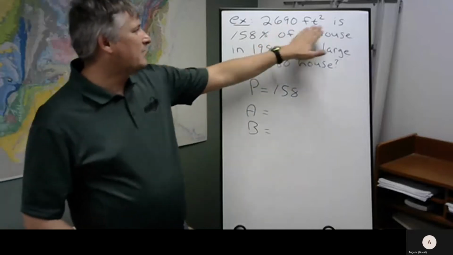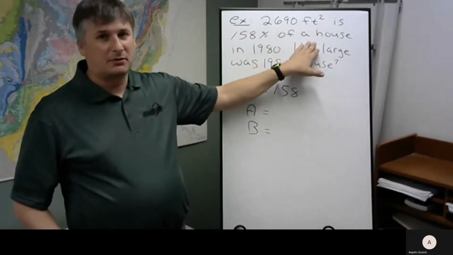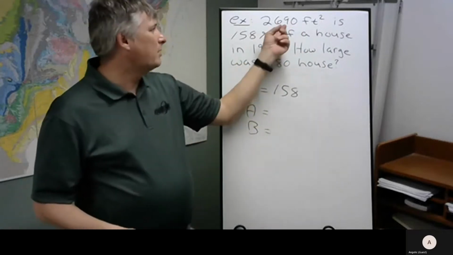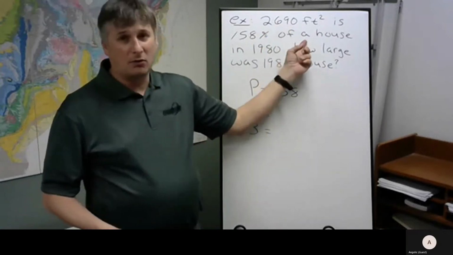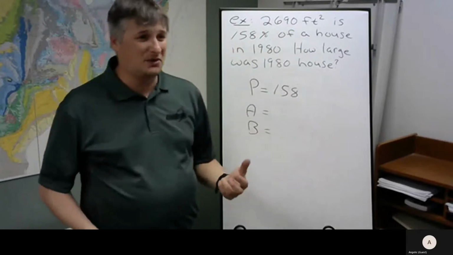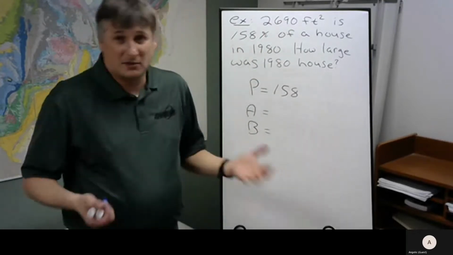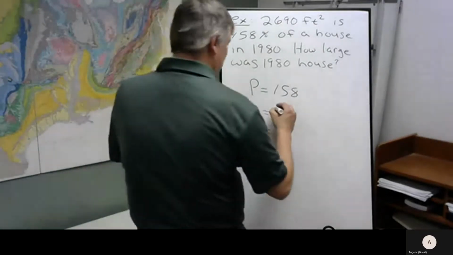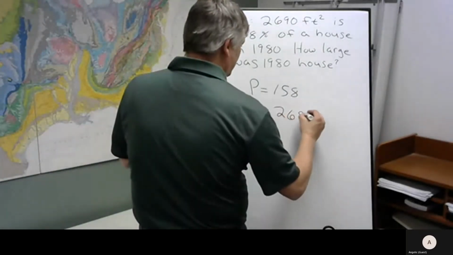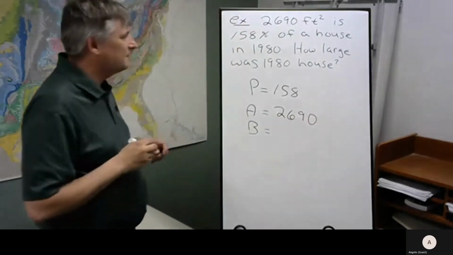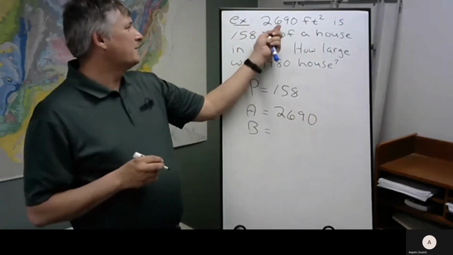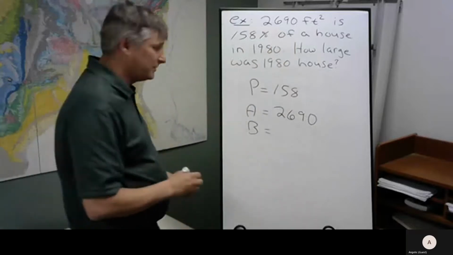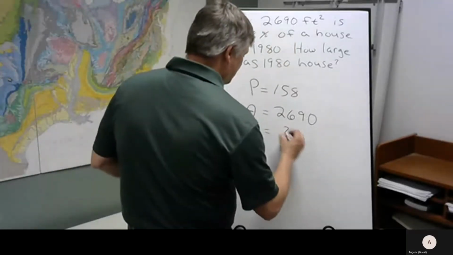So when we say something is a percent of something else, this first thing is the part. Usually a part is only a percent of a whole. Because this is 158%, the part's bigger than the whole. We have some extra credit here. So the part, or the amount, is going to be this. And then this is going to be an amount of a whole, and we don't know the whole. So that's going to be unknown.